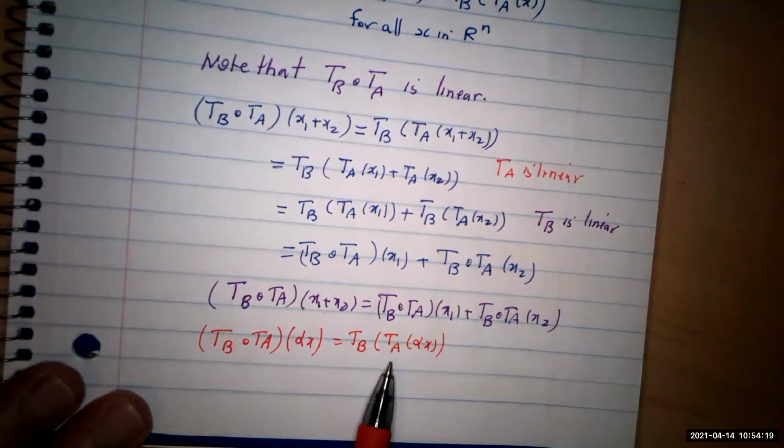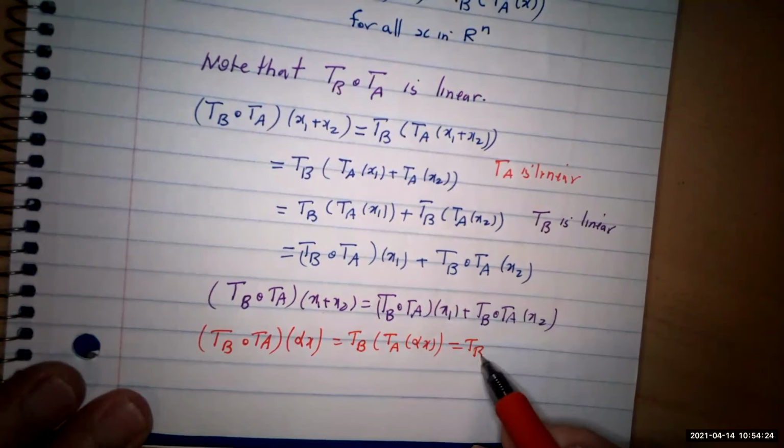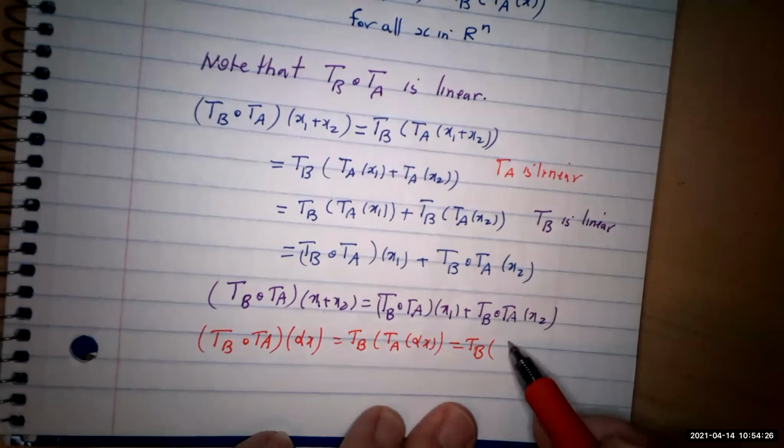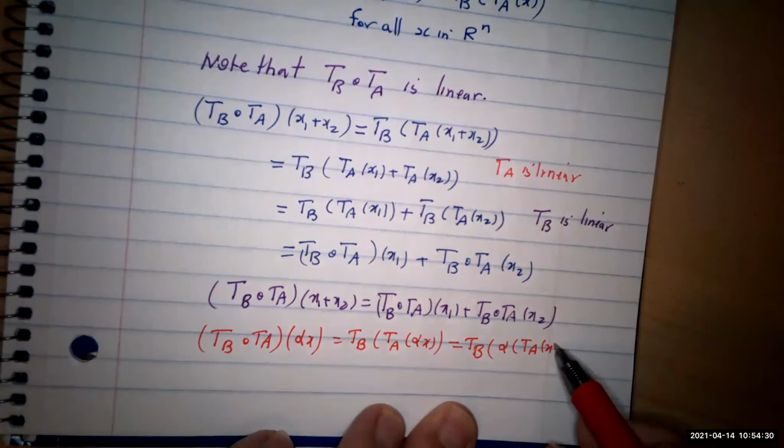But TA is linear, so you can bring the alpha out, giving alpha times TA of x.